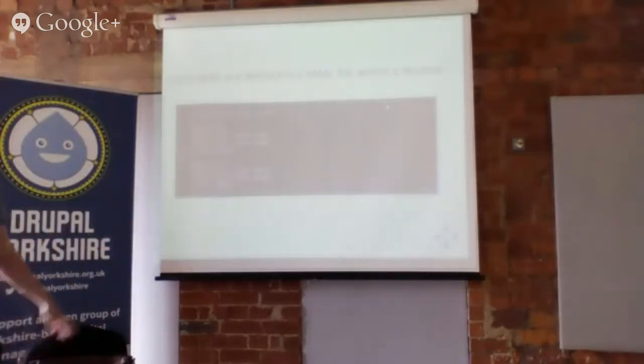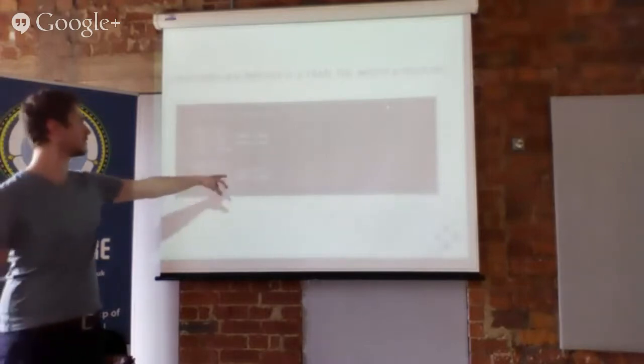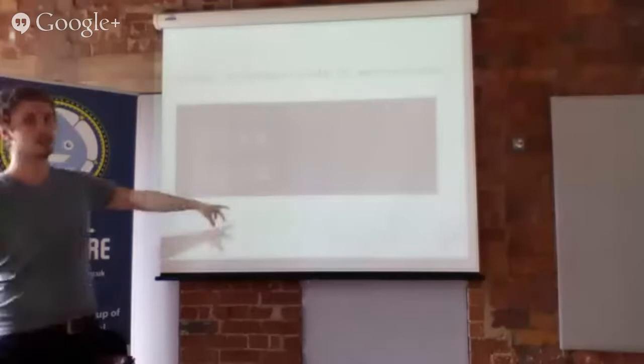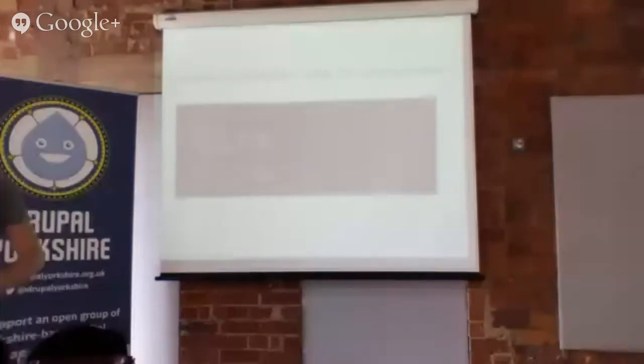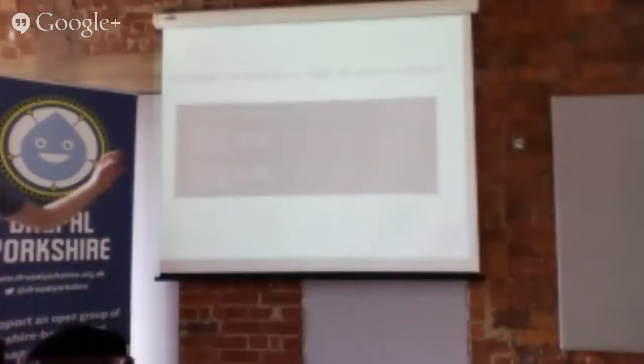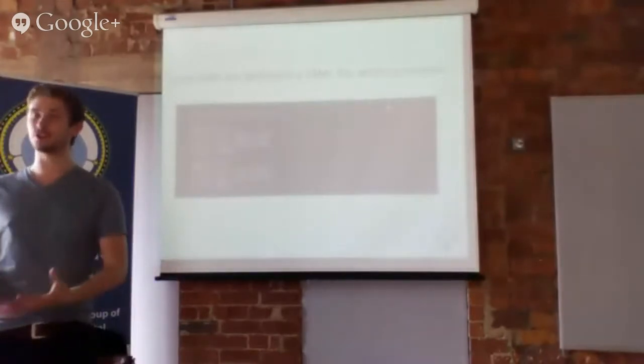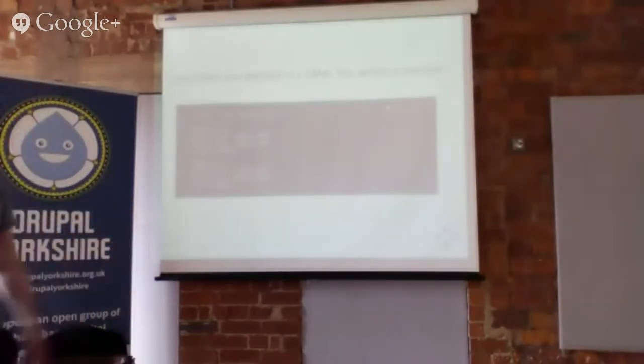Edit links to user.edit. It's got the title of edit, and the base route, so the group of tabs that it's on, is the user.view group. So that looks very different to the plugin that we saw before, where there was a class, there was code. This is just a YAML file.